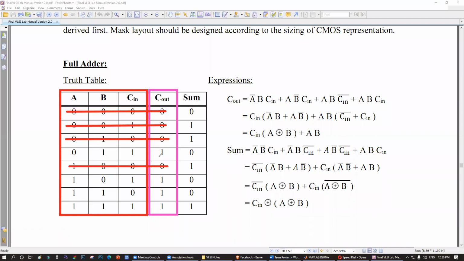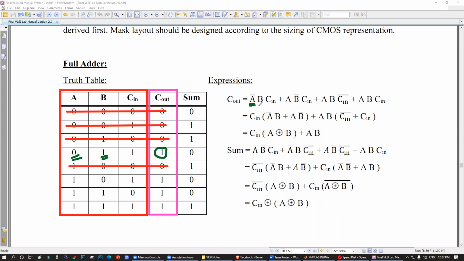At first, let's try. Here, for this one, what is the condition of your A? 0. That's why A bar. Can you see that? Yes, sir. Now next, what is the condition of your B? 1.